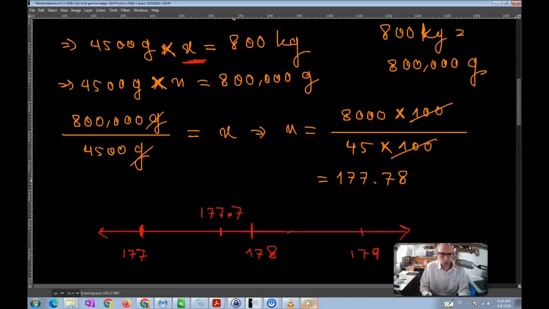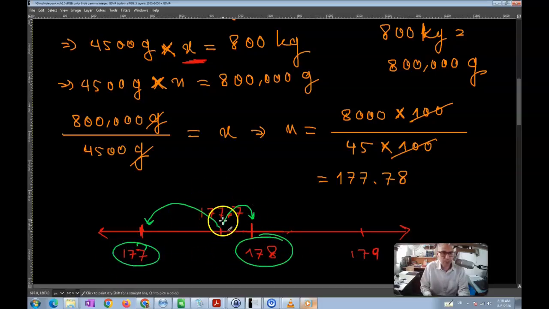So you have to round this number either down to 177 or up to 178. You cannot keep it as 177.7, right?